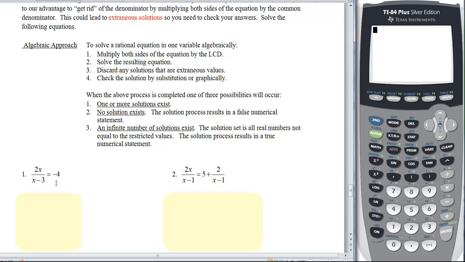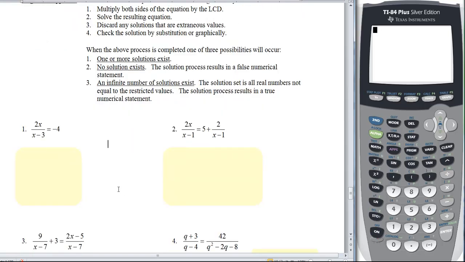But in this particular problem, think about having negative 4 over 1 and cross multiply, because technically I would multiply both sides by x minus 3, which is my LCD. I would get rid of it over here, I'd have it over here, and cross multiplying would result in the same thing. So let me move this on down.